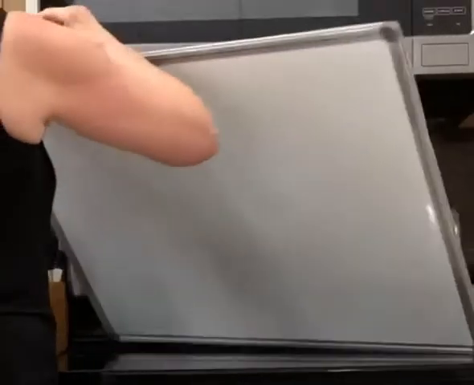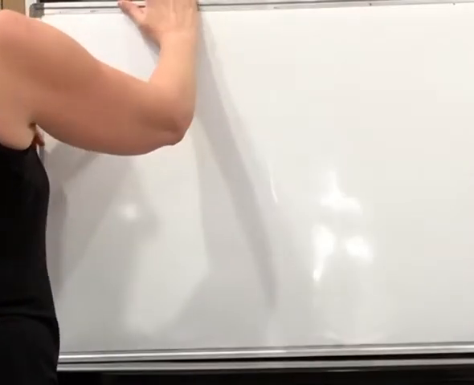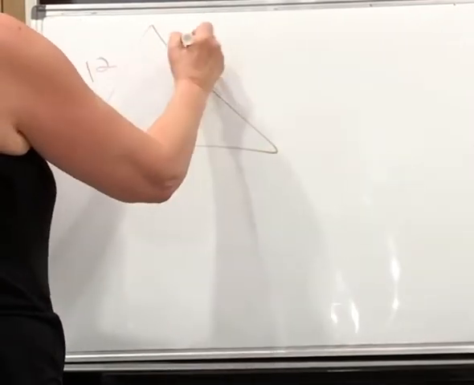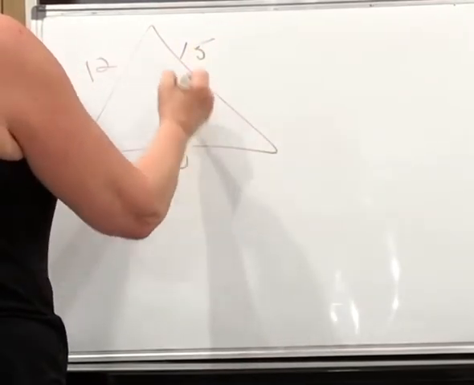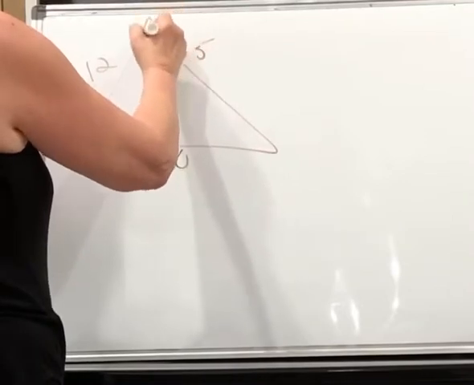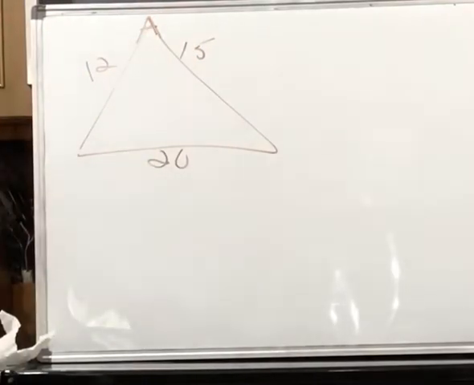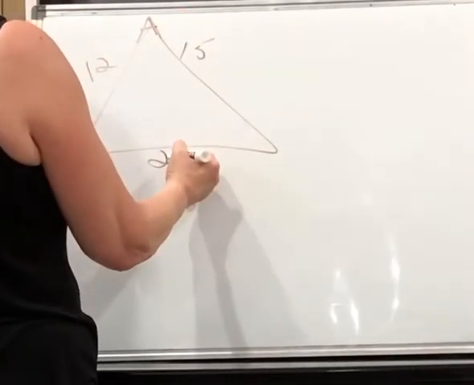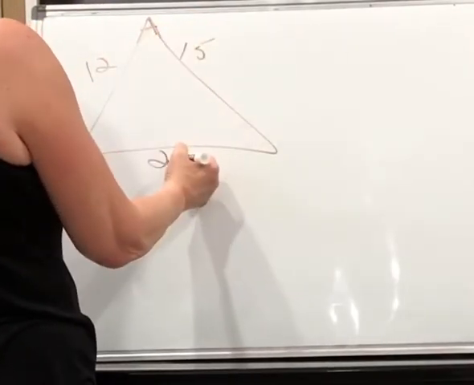I'm going to redraw my triangle. 12, 15, 20. I'm going to call this angle A. The law of cosines says that I need to start with the side for the angle that I either have or want.